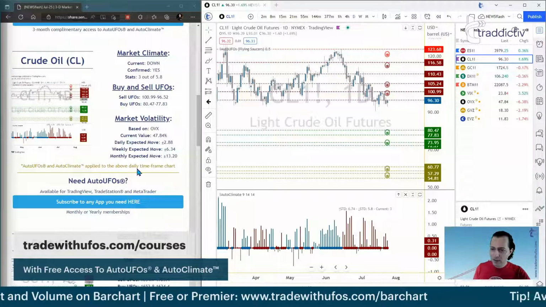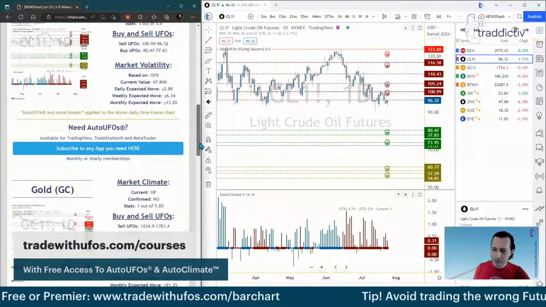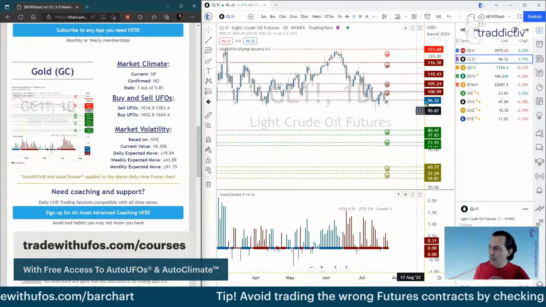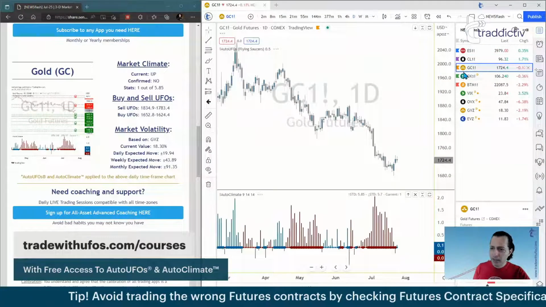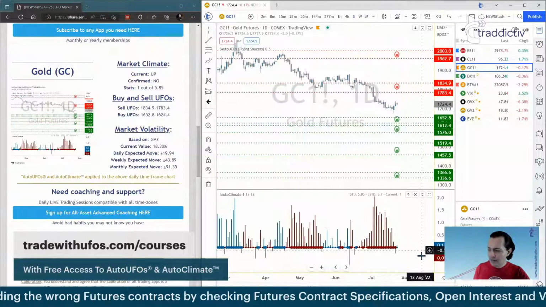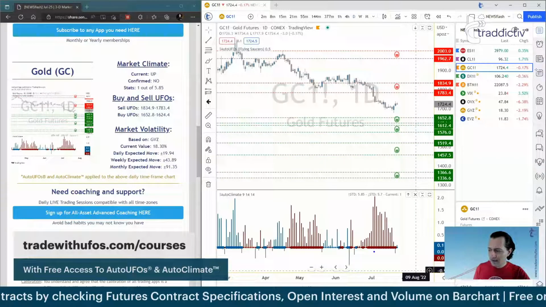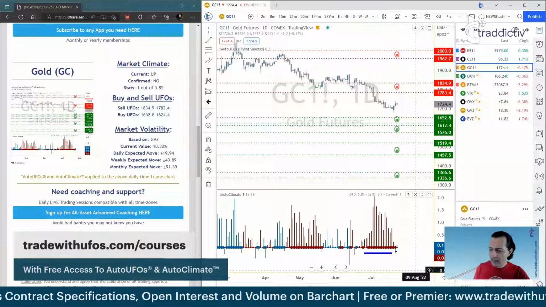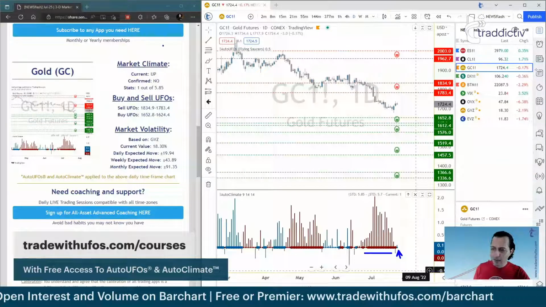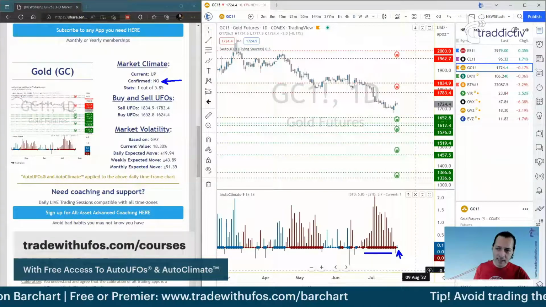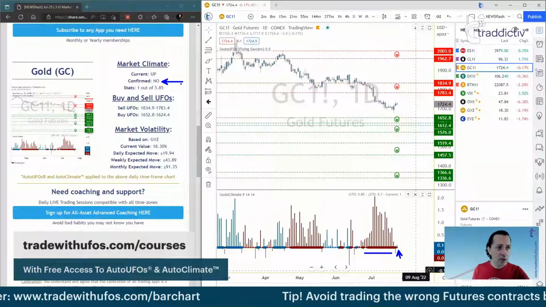We are going to move now to the next market, which is gold, right here. And as we are looking at gold, we have a change of climate in gold that after a crazily extended down climate finally gave us a little bit of blue, but careful, it's a thin dot, meaning the climate is not confirmed.